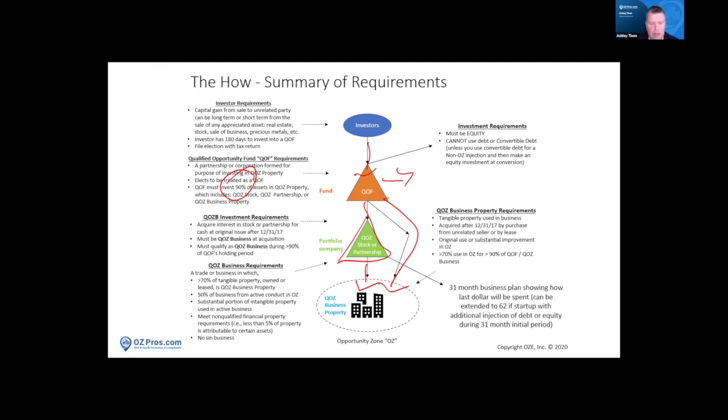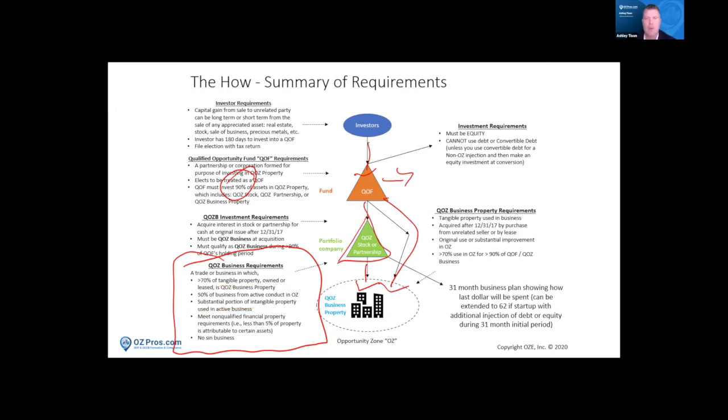Now, what kind of business can you do as a qualified opportunity zone business? Pretty much limitless. There are two limitations from a testing standpoint. The first is that 50% of your business must come from an active conduct of a trade or business in the opportunity zone.